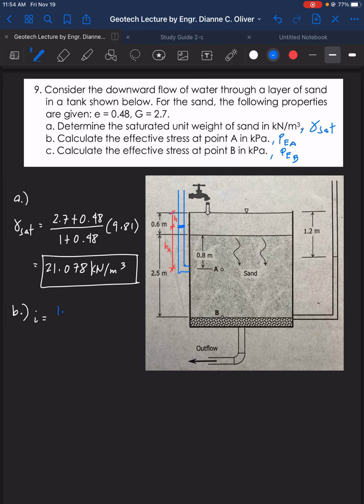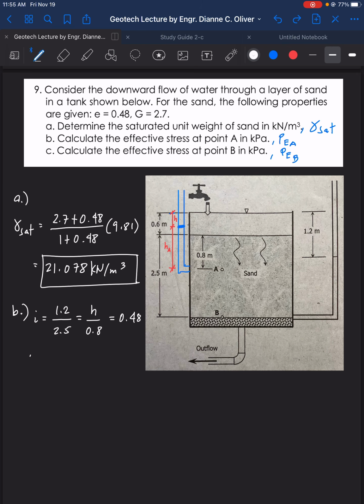So 1.2 meter for the head, and the total height of the soil is 2.5, and that is equal to the tube inserted at A. We have there H, and the total height of the soil up to the point A is 0.8. So what is 1.2 divided by 2.5? 0.48 for the I is 0.48.